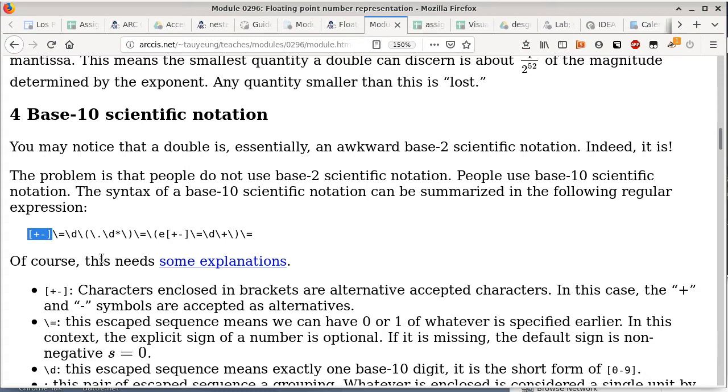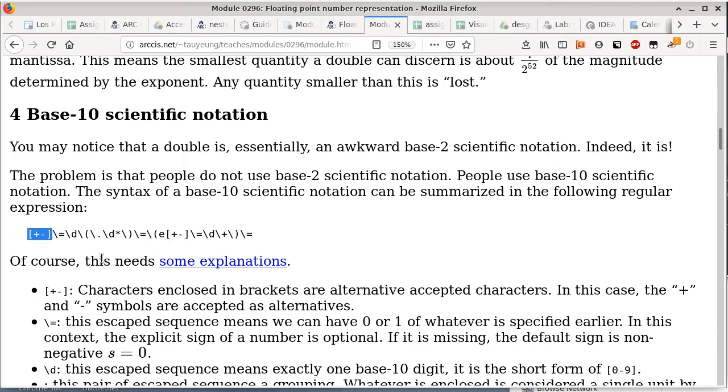The square bracket is just a group. So we are looking at the plus and the minus character as a group, and you can have one or the other. It is, in a sense, an alternative: plus or minus. The whole thing is grouped by the square bracket.